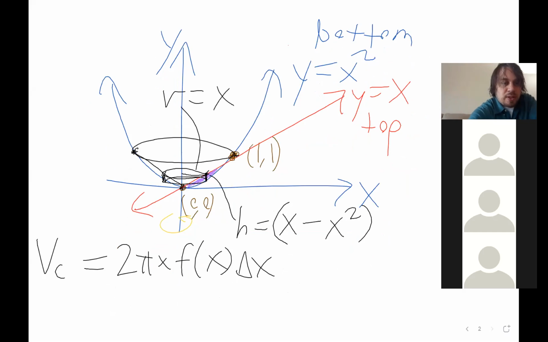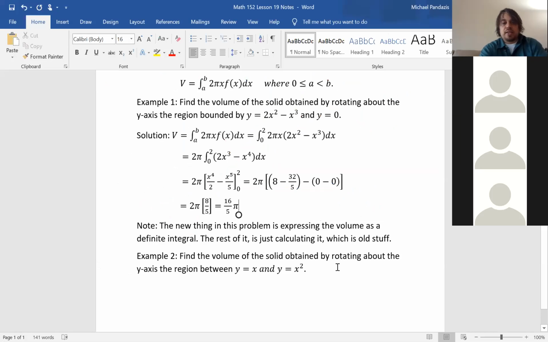Okay, so the volume of the cylindrical shell is equal to 2 pi x f of x dx. And so, good. Okay, so here, solution.